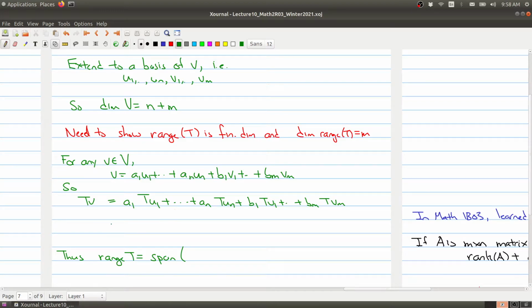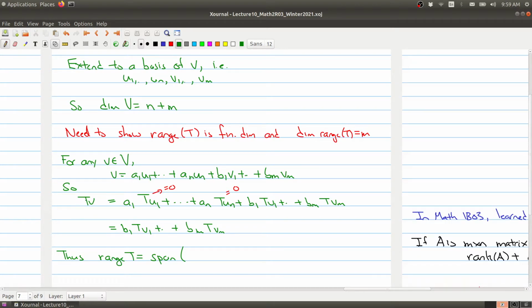But the thing that you want to notice is that each of these, u1 up to un, is in the null space. So Tu1 through Tun are all equal to 0. So what you're left with is b1 times Tv1 up to bm times Tvm.